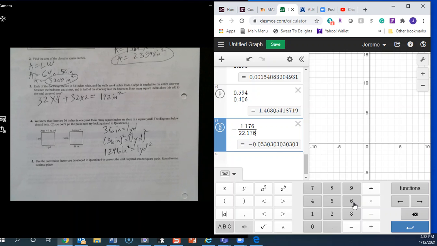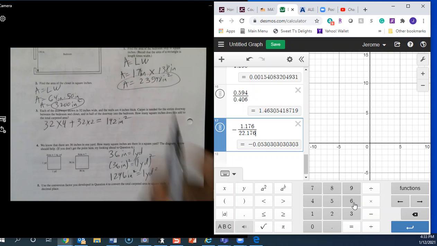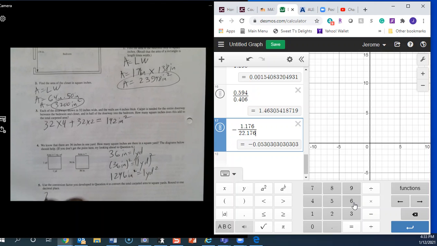Now we come down here to number 5. It says use the conversion factor you developed in question 4 to convert the total carpeted area to square yards. Round to 1 decimal place. Okay, so first we would take this value here, which is 23,598 square inches.